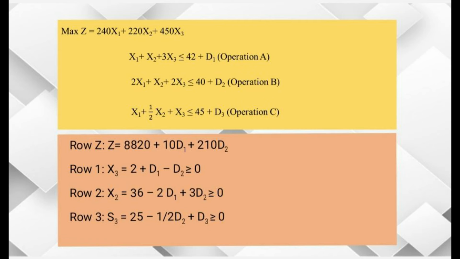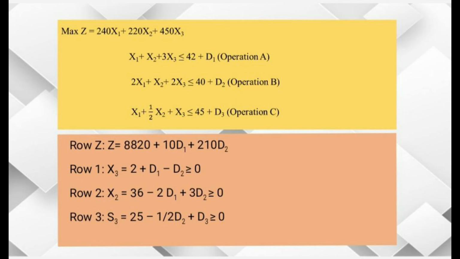After that, the new optimum table also provides the following optimal solution, which is row Z, row 1, row 2 and row 3. The objective function is Z = 8,820 + 10 D1 + 210 D2. The current solution remains feasible if all the basic variables are non-negative.